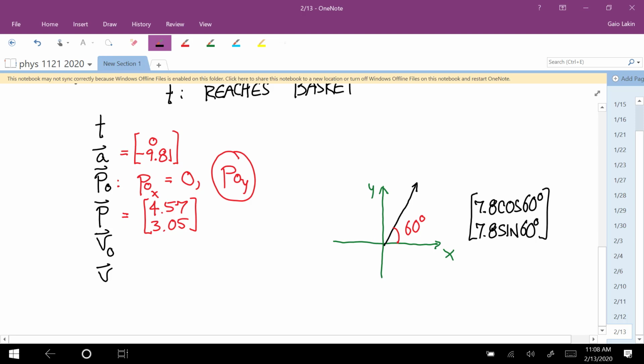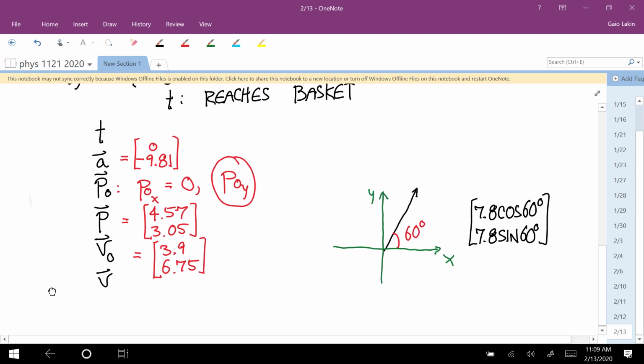Can someone calculate that? 3.9 and 6.75. And then the velocity at time t, we don't know. Although it's true that the x component of the velocity is going to stay constant through the whole thing.